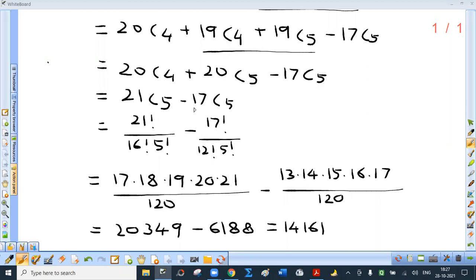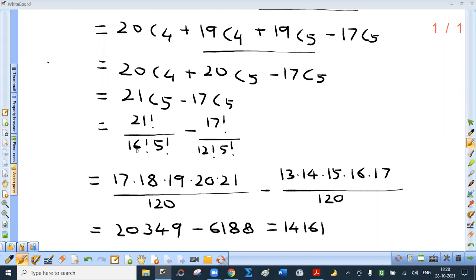I hope you won't say 21 minus 17 is 4. Mathematics made simple. That is absurd. This cannot be simplified further. So use formula for nCr. 21C5 is 21 factorial upon 16 factorial into 5 factorial. 17C5 is 17 factorial upon 17 minus 5, 12 factorial into 5 factorial.